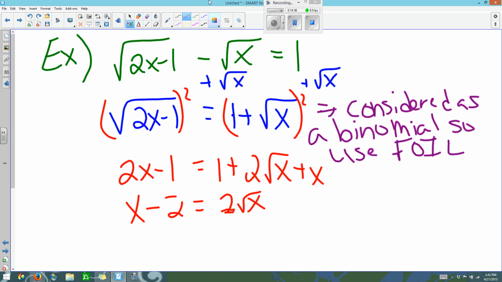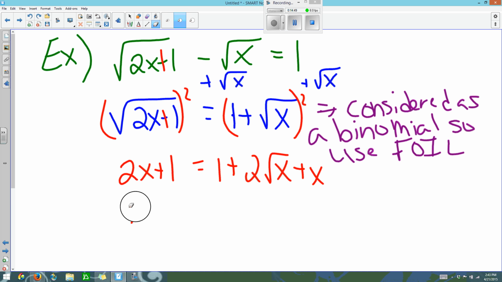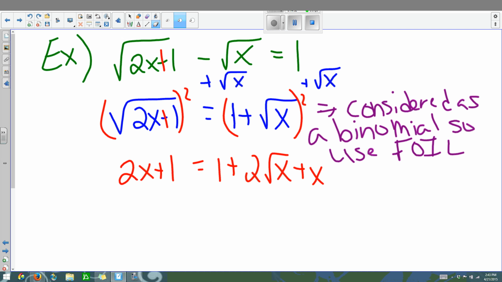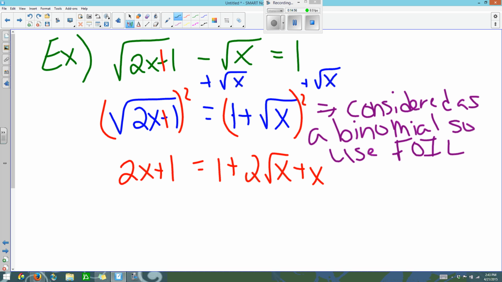And I actually wrote this wrong. This is supposed to be addition, so my bad again. So therefore you don't get this line. Okay, you're actually supposed to get x equals 2 square roots of x.